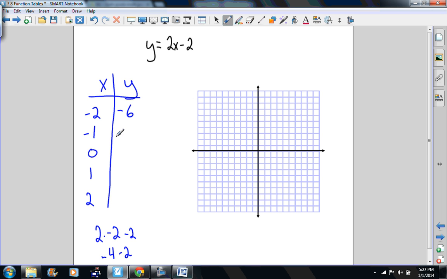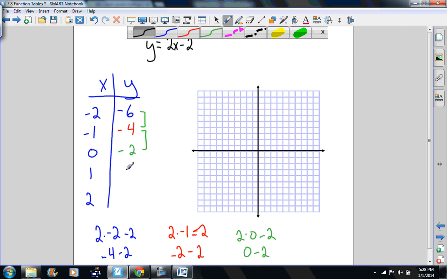Okay, so the next one, I do the same thing. I start over. So I go 2 times negative 1, because that's our x, minus 2. Oops. So I get negative 2 minus 2. That's negative 4. Next one, I take my 0, and I go 2 times 0 minus 2. So I get 0 minus 2, and that's equal to negative 2. Now I'm hoping that you can see a pattern developing here, that as we go from each of these, we're going up 2.